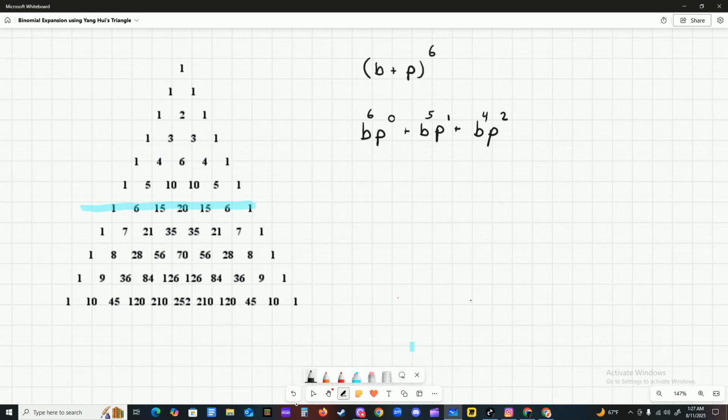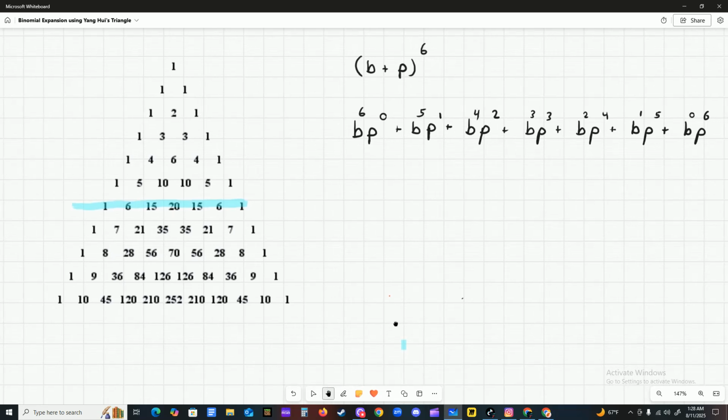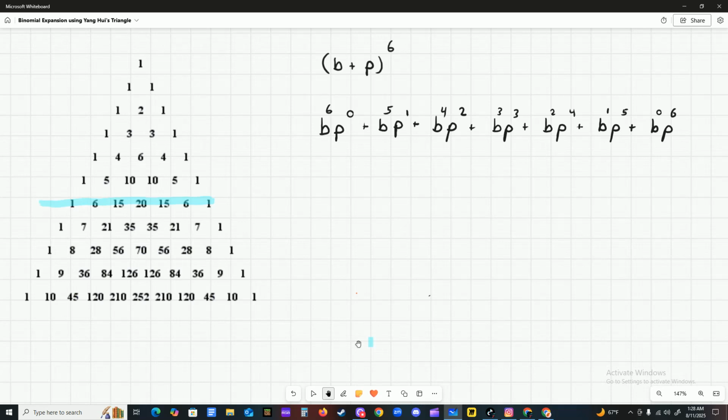So keep that in mind whenever you're expanding. Plus B P, 3 and 3 right there. So B cubed, P cubed. Plus B P, 2, 4. Plus B P, 1, 5. Plus B P, 0 and 6. Cool. Let me give myself some more space. Right here is fine. Awesome.